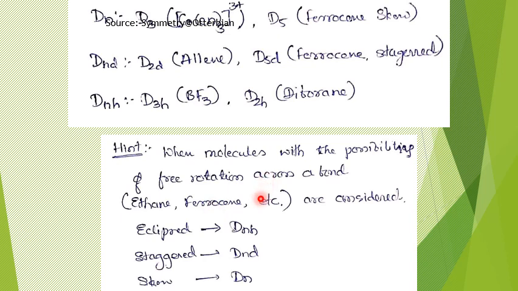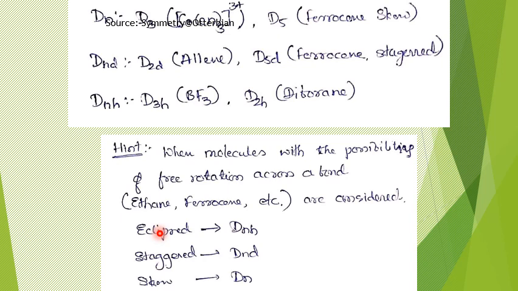Of course, there can be different examples for this. Even the allene molecule or some other molecules can be visualized from this perspective. Whenever it is possible that the molecule can be rotated to make staggered or eclipsed conformations, then always remember, if that possibility is there, the molecule will belong to the D point groups.